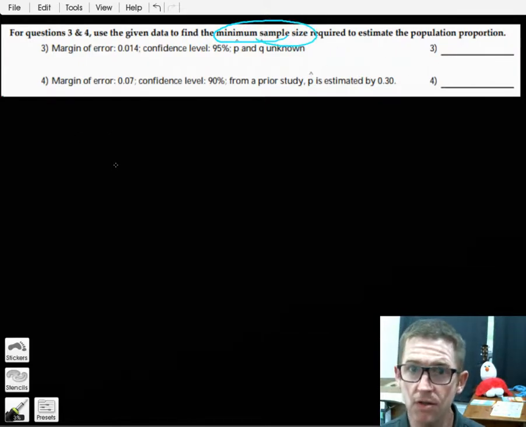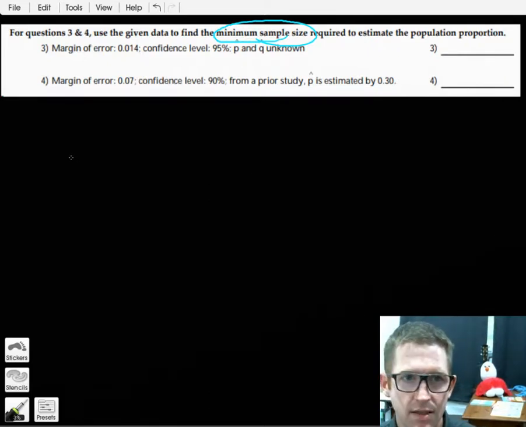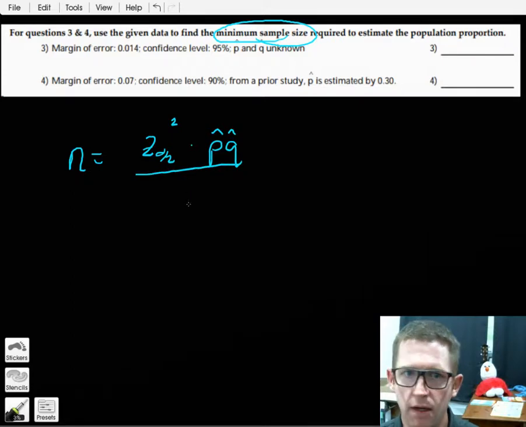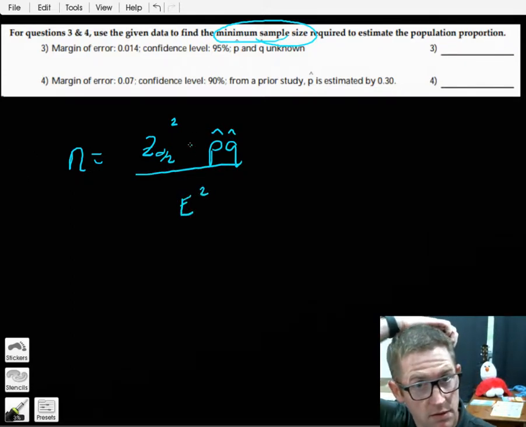So there's a formula for that. The formula for calculating minimal sample size is n equals z alpha over 2 squared, that's a critical value, times p hat times q hat, all divided by margin of error squared.